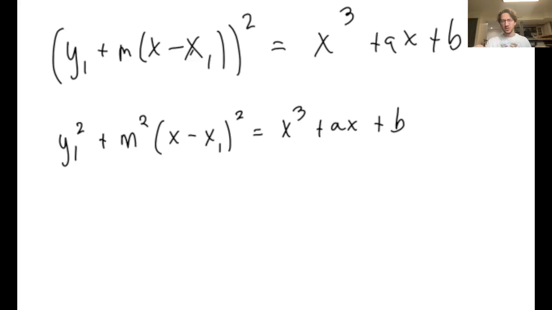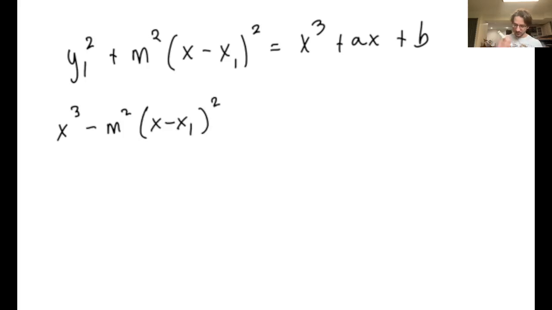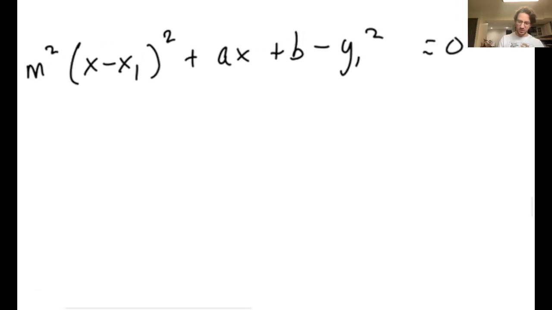Now I'm going to move everything over to one side. I'm going to swap sides, and when I do that, I get x cubed minus m squared times x minus x1 squared. Then the linear term is plus ax plus b minus y1 squared, and this is equal to 0.